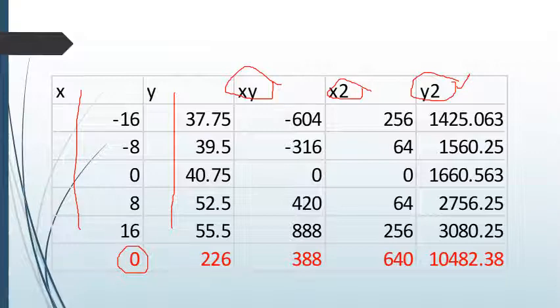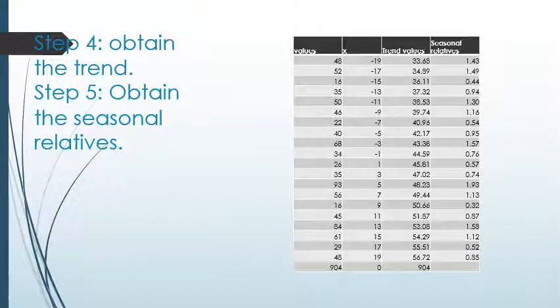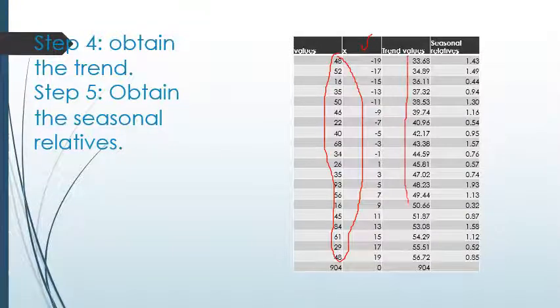Now you can see that the fourth step is to obtain seasonal relatives. These are the original values, this is coded x, and this is the trend. Now what will we do?